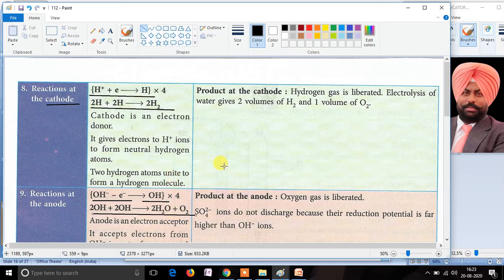One more thing to be understood, that will be understood with the help of the diagram. Let's see the diagram first.